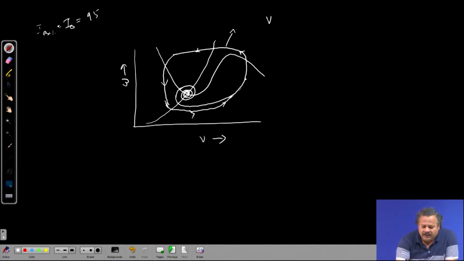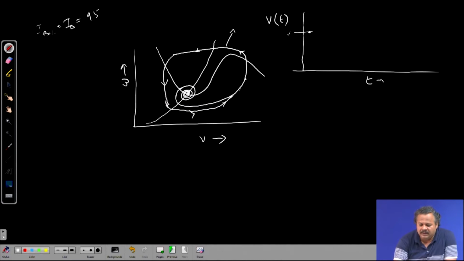So, the V of t, which is the solution here, can be plotted, and it will turn out to be this. Let us say this is the particular V value, this is time. So, this is the V of the equilibrium point. If you start here, what we are seeing is a movement in V like so, and then all of a sudden it bursts into large oscillations.